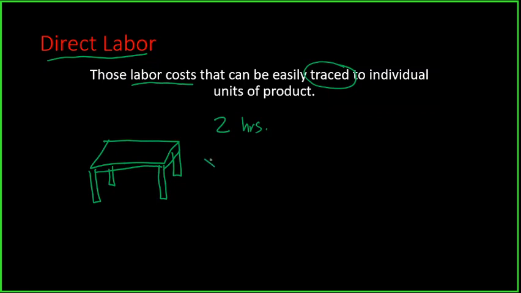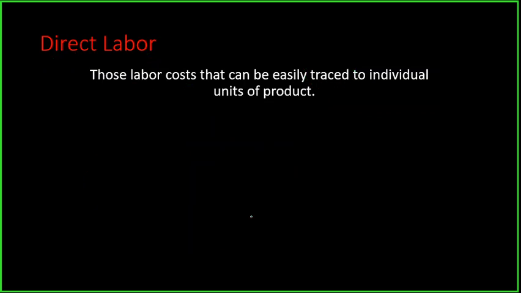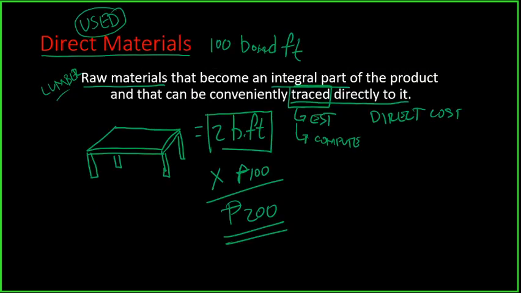And the rate for 1 hour is, let's say, 500 pesos, highly skilled. So what is your rate? It's 500 pesos per hour. So now your direct labor cost is 1,000 pesos. So for direct materials, let me just correct these two.